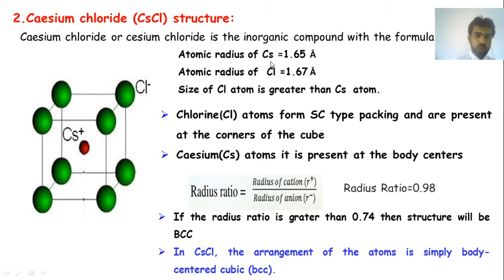Hence, the chlorine atoms form the simple cubic type of packing and are present at the 8 corners of the unit cell, while the cesium atoms are present at the body center of the unit cell.